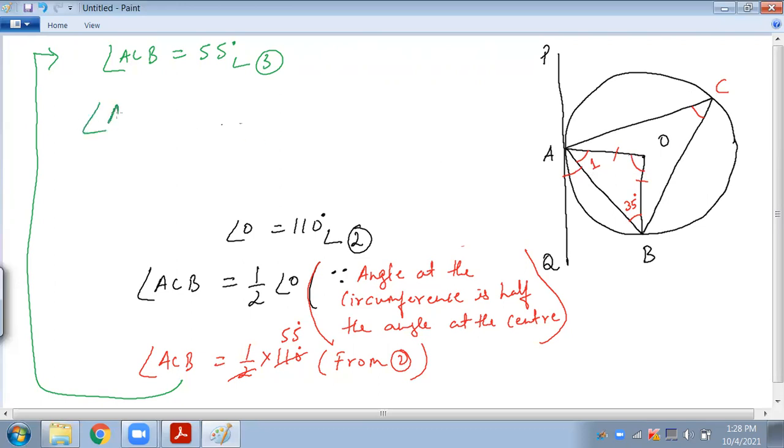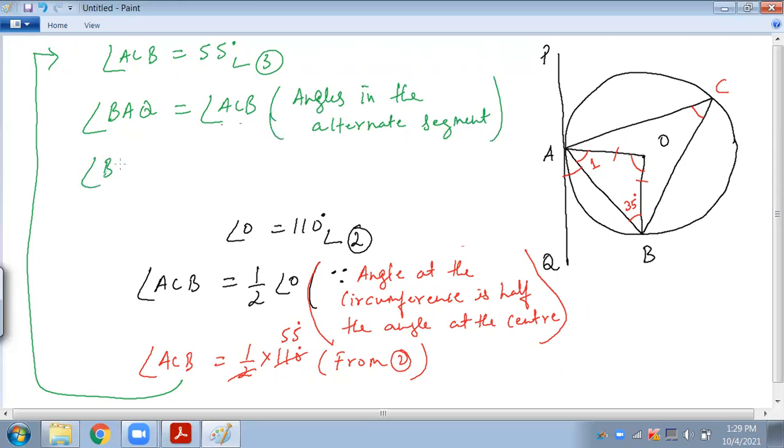Angle BAQ will be equal to angle ACB. Why? They are angles in the alternate segment.